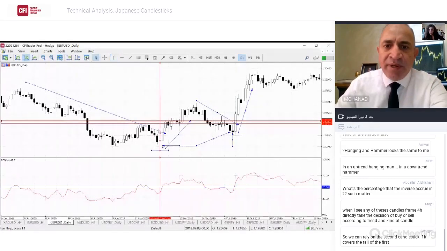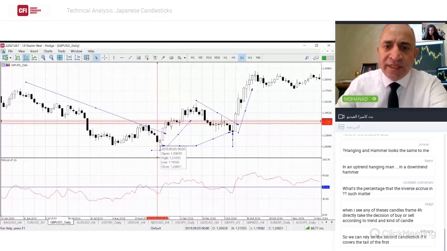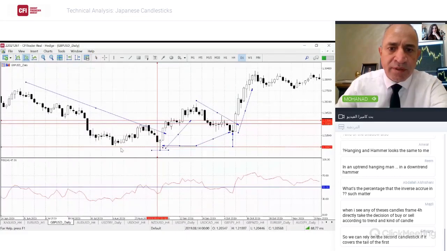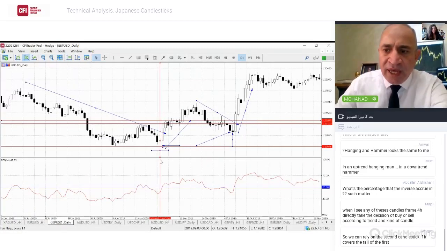For the first example, Reem, here for the hammer candlestick, as we see, it appears near a support line. We have a support line here. As we saw before, the prices reflect from down to up. It is a clear support line. And at the same time, the RSI crossed the 50 level up.